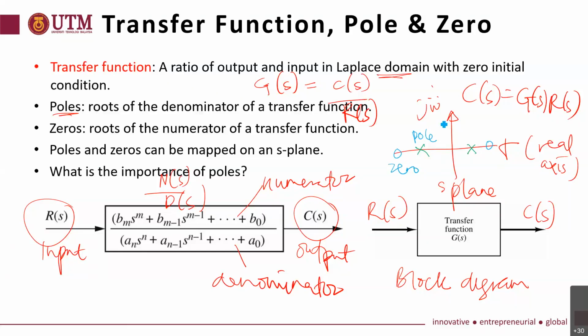Poles basically determine stability and determine the behavior of the system. All the specifications that we discussed earlier can be determined by locating the position of the pole on S-plane. So make sure you are able to calculate or find the location of the pole in order to determine the behavior of the system.